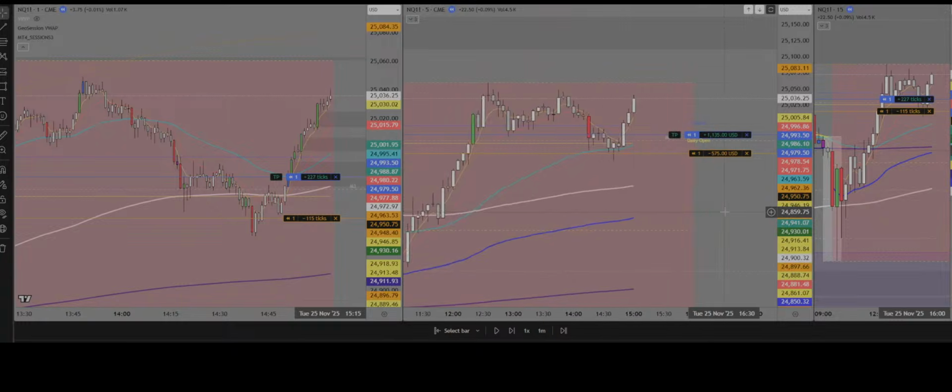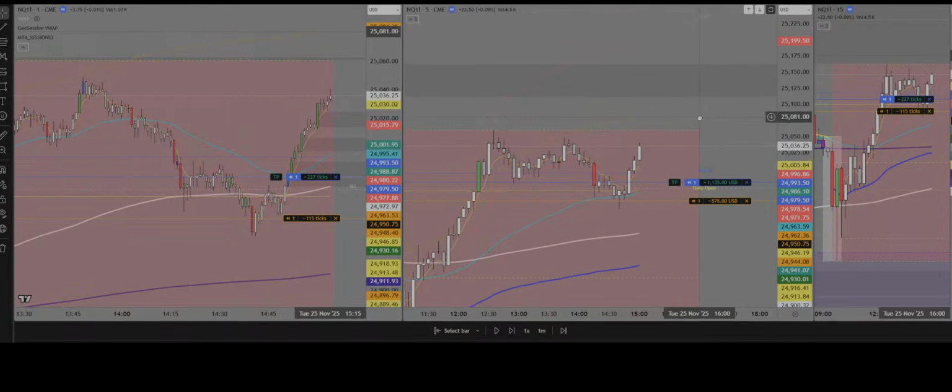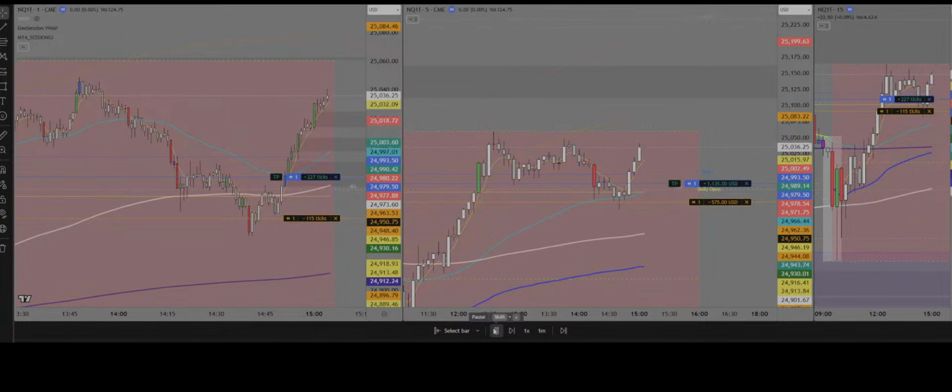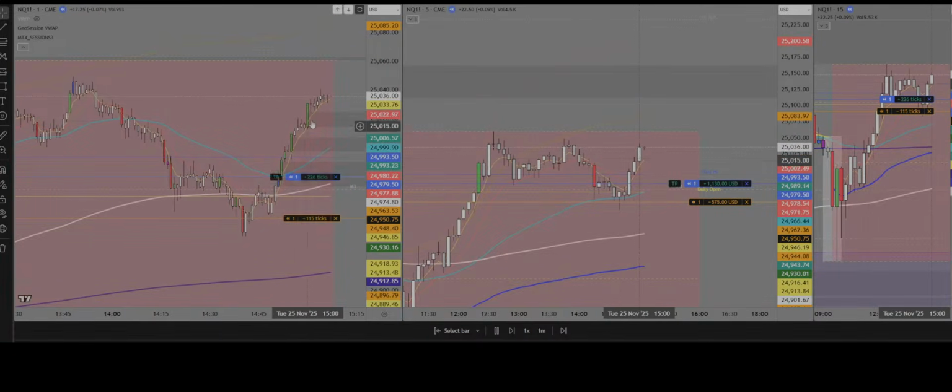This here would be like a continuation, retracing back to the 50 to push out. I don't like how many imbalances there are right here though.